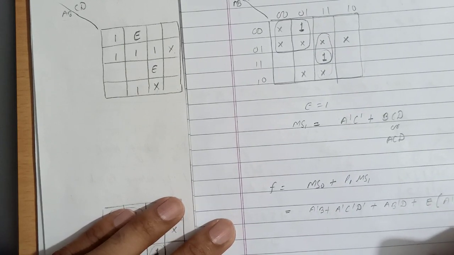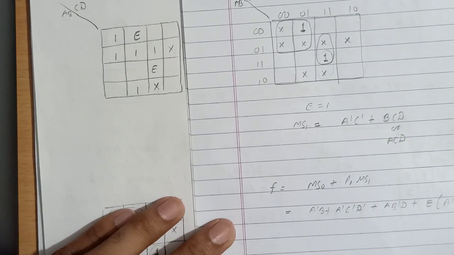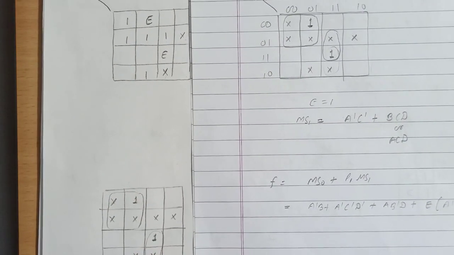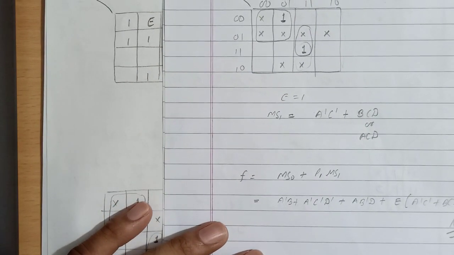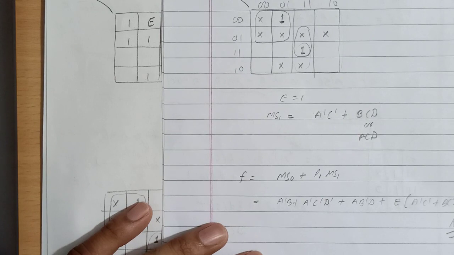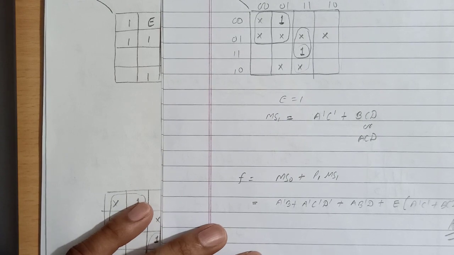A' C' plus B C D, or we can also write ACD. So this is the required solution. So in this way we can handle maps where variables are entered into the map. Okay, thank you.